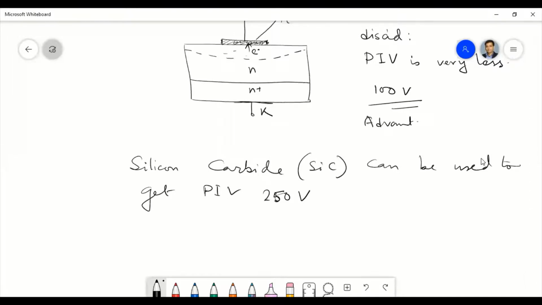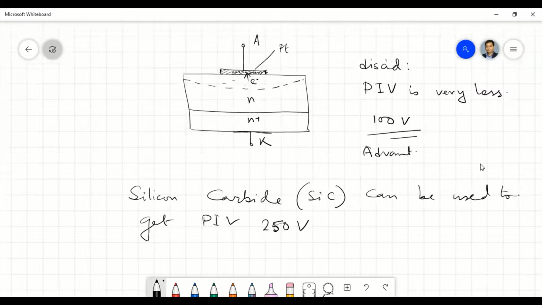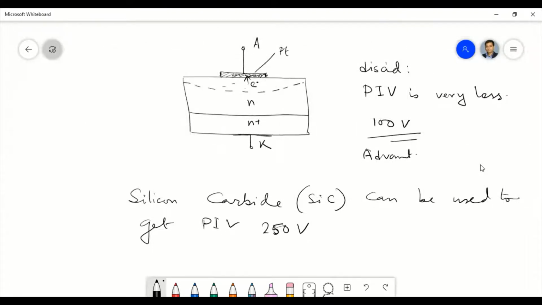But again the cost for this type will be more. One thing is very clear: by using the Schottky diode we can get a lower recovery time. If you need very fast switching, then we can go for the Schottky diode.